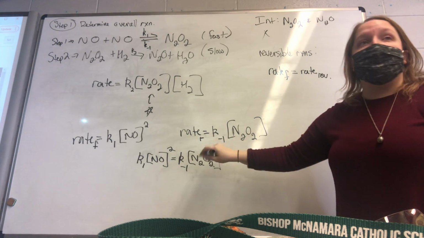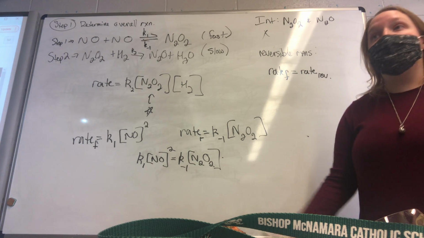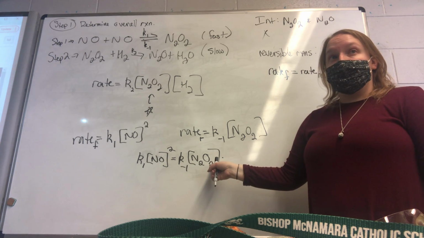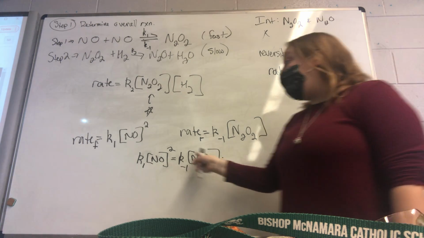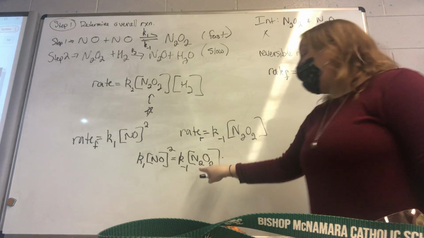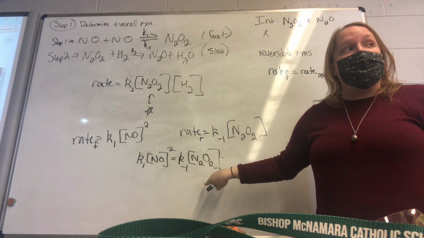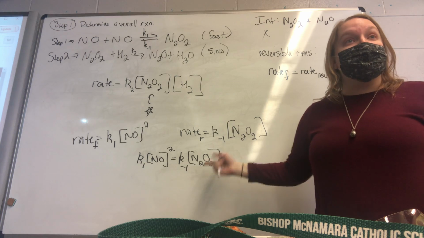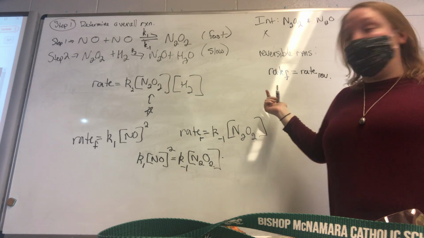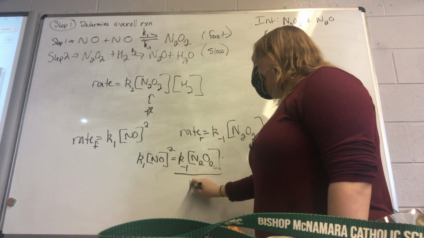So what are we going to do next? Solve for the intermediate. We're going to solve this algebraic expression to put the intermediate by itself on one side of the fraction. So this one's easy, right? What do I have to do? Divide by the rate constant.